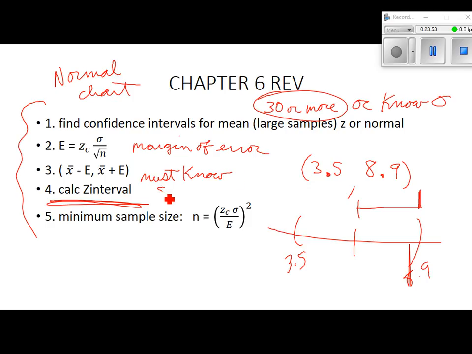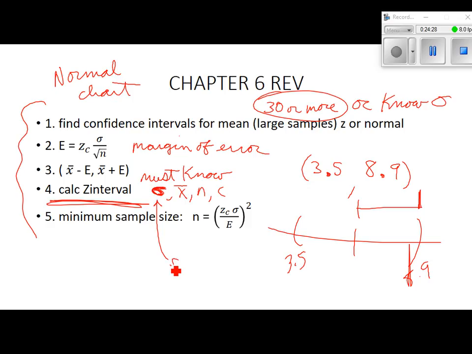So S, X bar, and N, confidence level C. So the standard deviation is the sigma. Alright, so this should be the sigma here. Remember, are you gonna know sigma most of the time? No, so when we were doing this, we stuck what in its place? We stuck the S in. If you know the S, then you stick it in place of the sigma. What's sigma stand for?